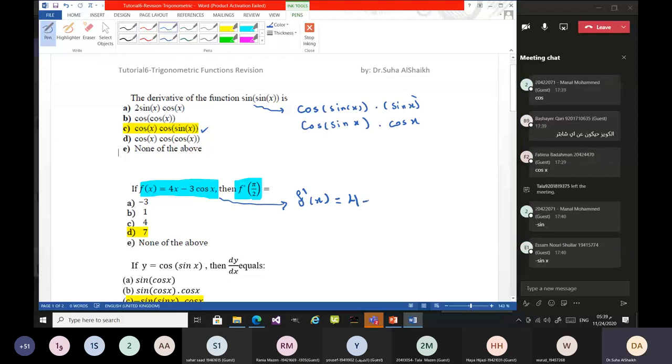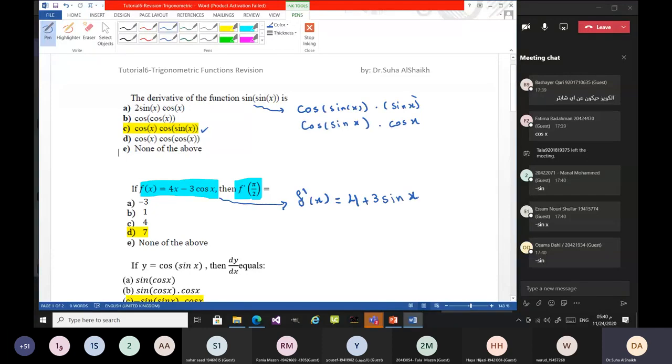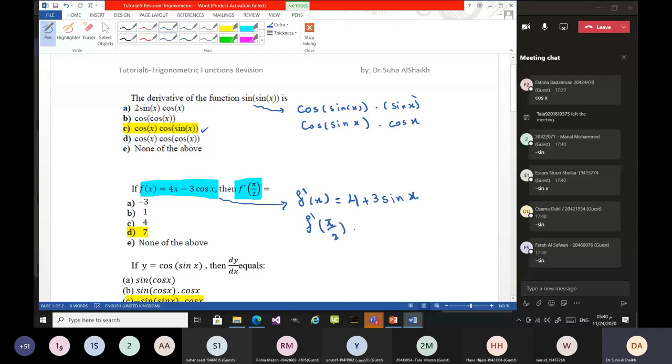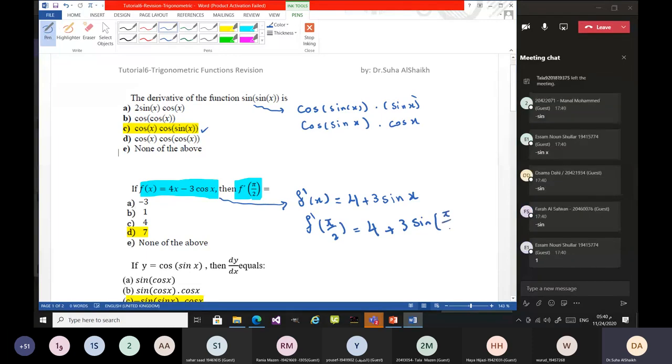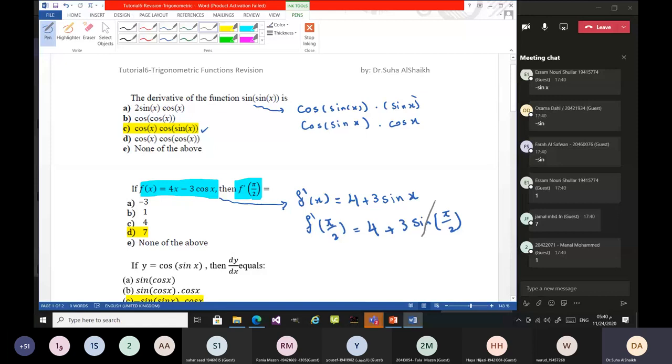Minus sine. So this will be plus 3 sine x. Now I have to substitute with pi over 2, which is 90 degrees. This will be 4 plus 3 sine 90 degrees, which is pi over 2. Sine 90 degrees is 1. Excellent Essam. So the sine here is equal to 1 multiplied by 3, plus the 4. The answer is 7. Easy, right?